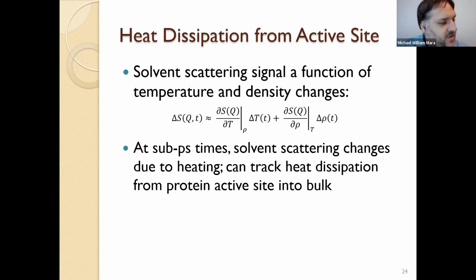Now, with cytochrome c, we're looking at sub-picosecond out to single to tens of picosecond timescales. On that timescale, the density changes in the solvent can generally be ignored. And so this breaks down into a simple argument that the scattering difference signal is going to be based on the change in temperature, which is to say, using the magnitude of the difference signal that we measure in the solvent, we can quantify the heat dissipation from the active site into the bulk solvent.